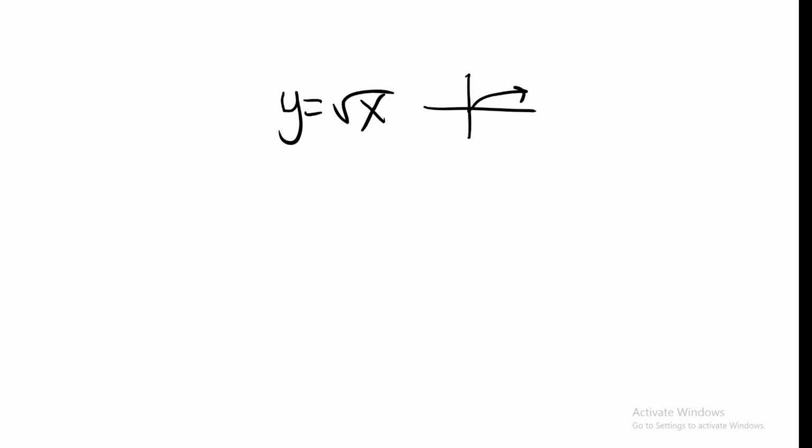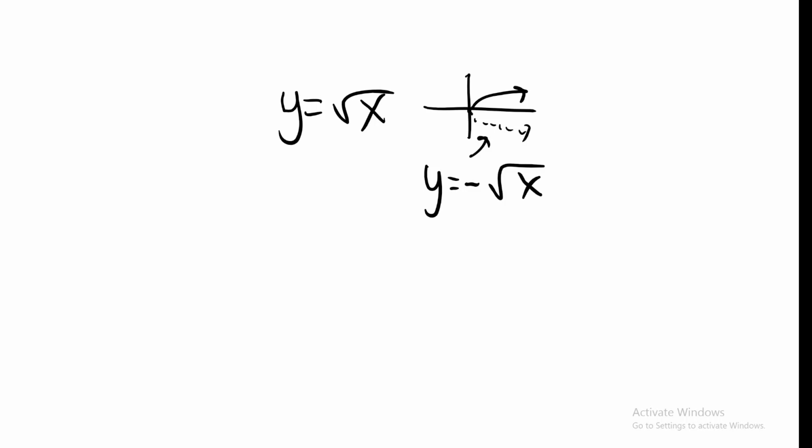If you reflect it over the x-axis, it would be down here, going down instead of going up. And the equation of that dotted line would just be y equals the negative square root of x. So a negative on the outside, not next to the x, but next to the square root, flips over the x-axis.